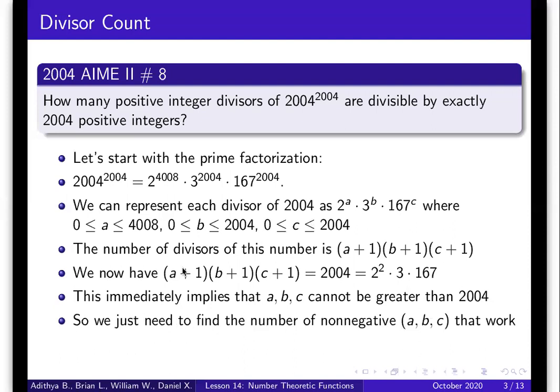So we just want to find the number of non-negative a, b, c, such that (a plus 1) times (b plus 1) times (c plus 1) is 2004. How might we approach this? Well, in this case, taking the prime factorization of 2004 is useful.